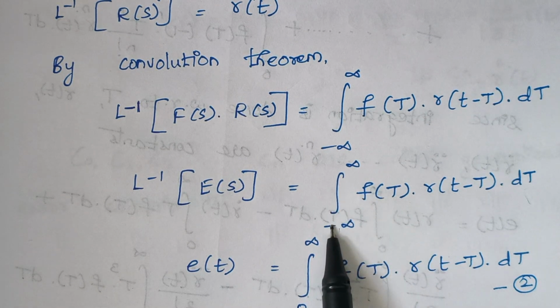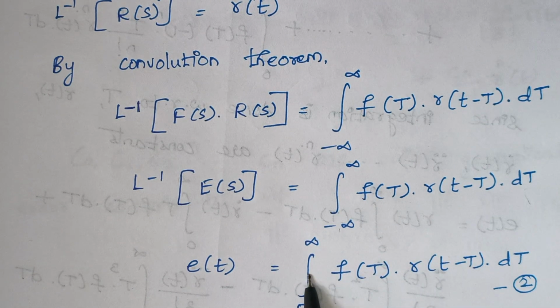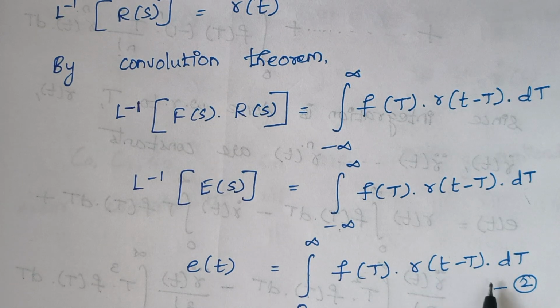So that is the reason why we are changing the limit to the integral of 0 to infinity. Right, because no signal exists below 0, that is no negative signal. So f of T, r of t minus T, dT remains the same, right? So mark this one as equation number 2.